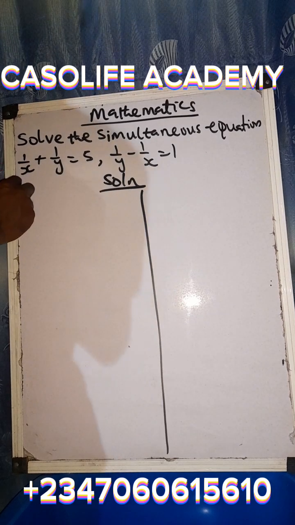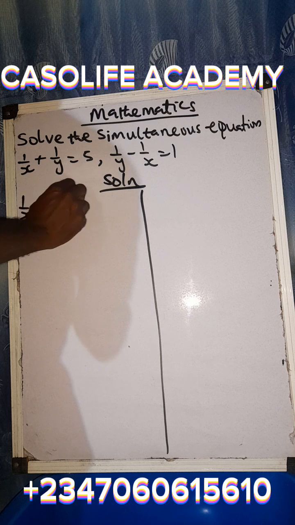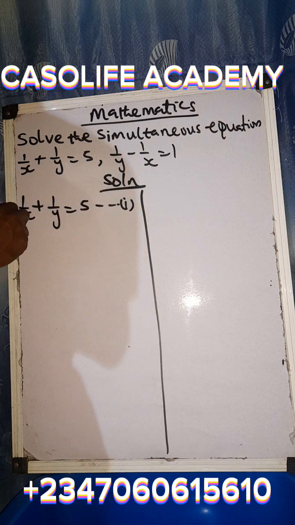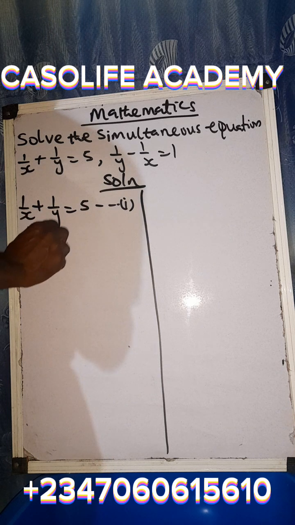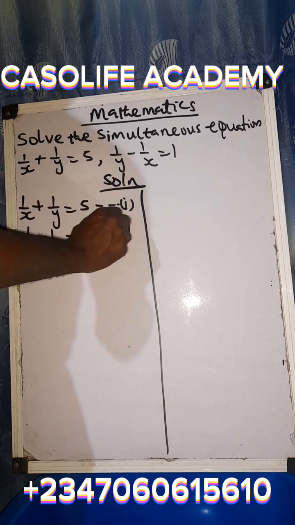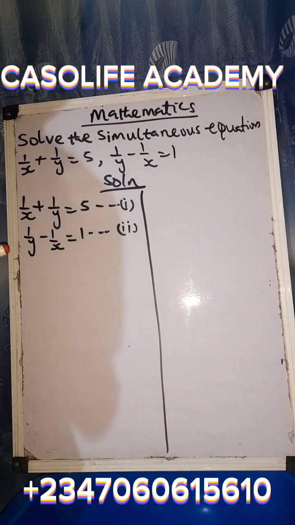So we start. I have 1 over x plus 1 over y equals 5. I can call it equation 1. Then I have 1 over y minus 1 over x equals 1, which I can call equation 2. So what do we do next? You see that they are interchanged, so let me rearrange the equation.